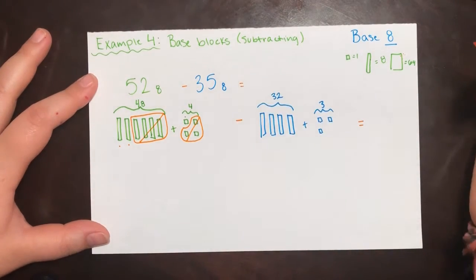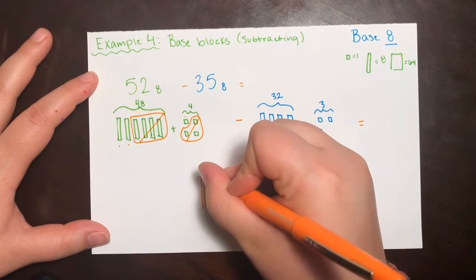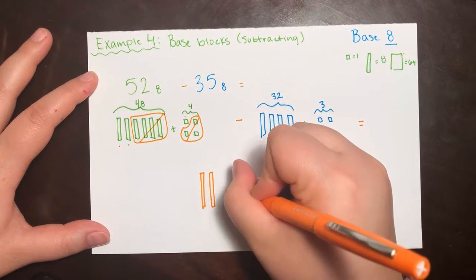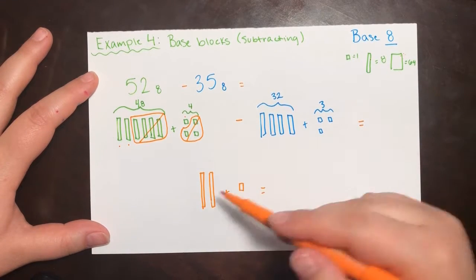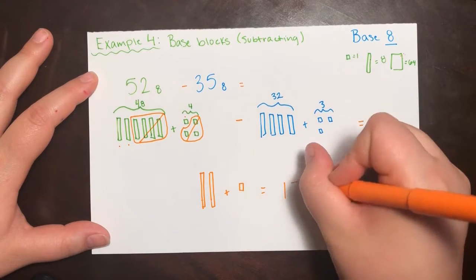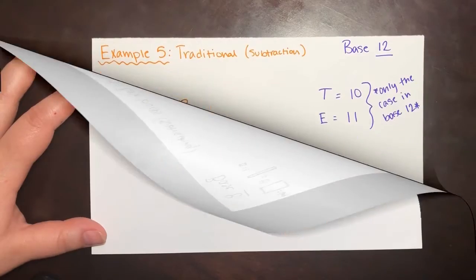And then we only have 1 left. So that gives us 2 rods plus 1 unit. And we know a rod is 8, so 8 plus 8 is 16, plus 1 is 17. We can't forget to put it in base 8.